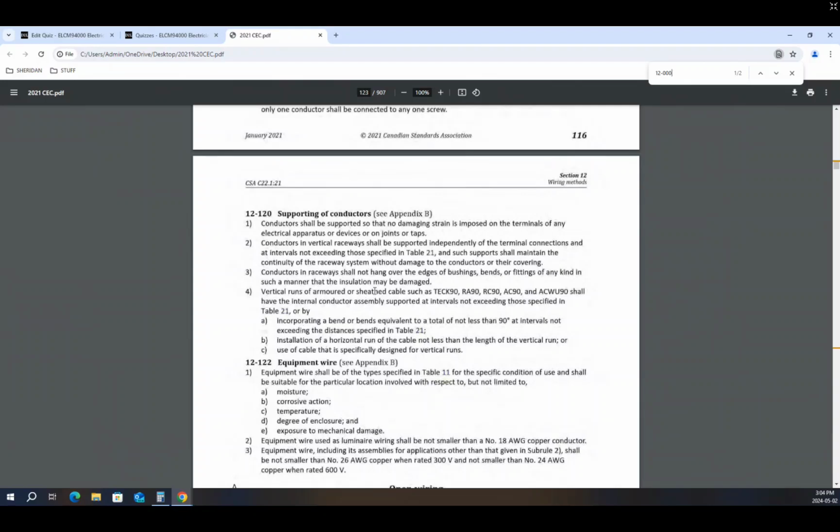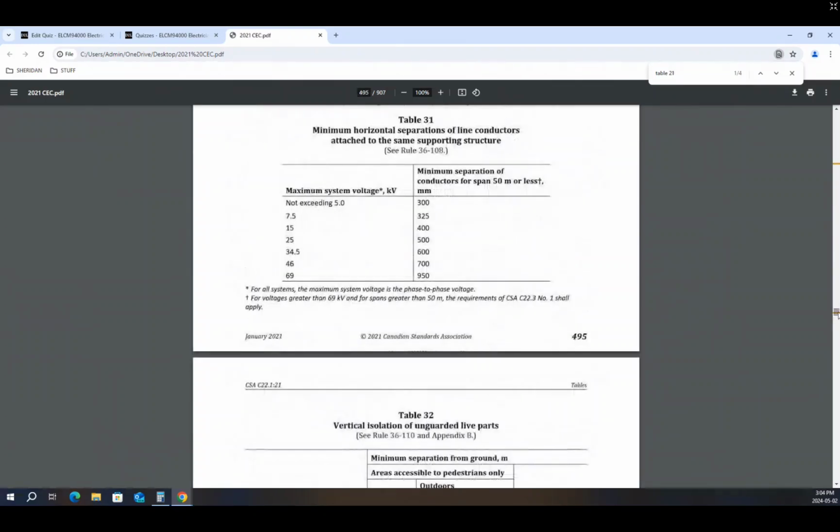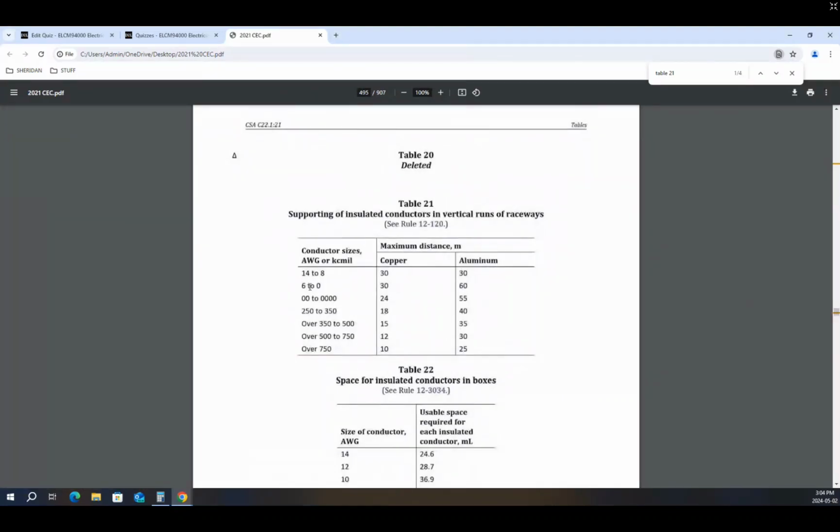Looks like I have to go to table 21. Supporting insulated conductors in vertical runs of raceways.